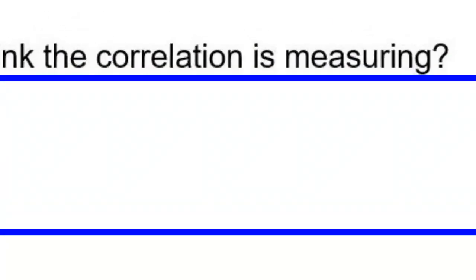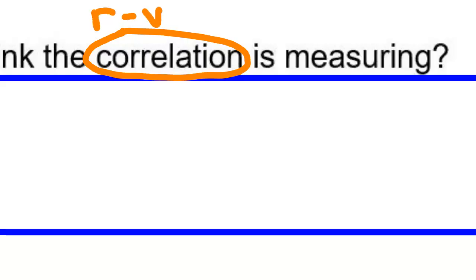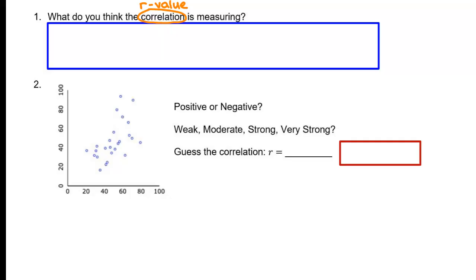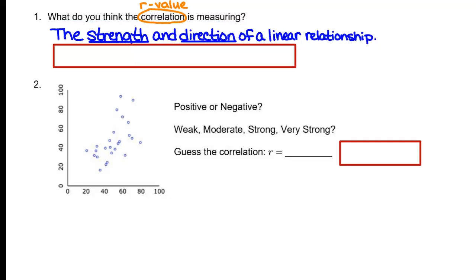So again, if it says what is the correlation measuring, that means the R value. What do you guys think the R value is measuring here? Yes. It tells us the strength and the direction of a linear relationship.